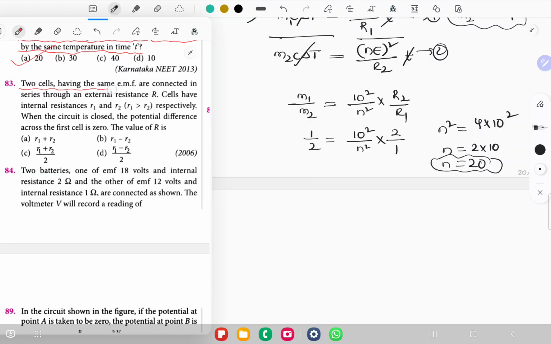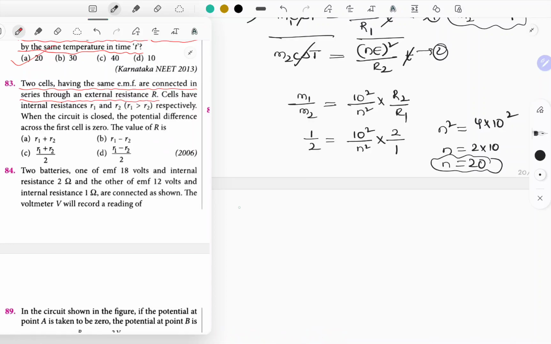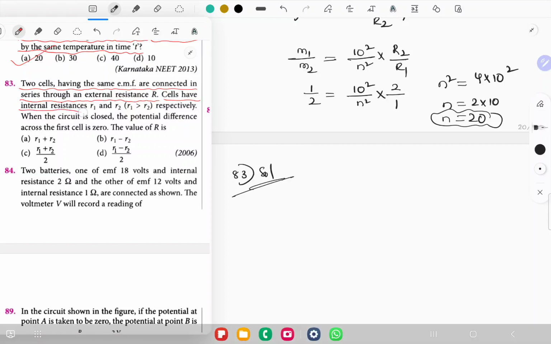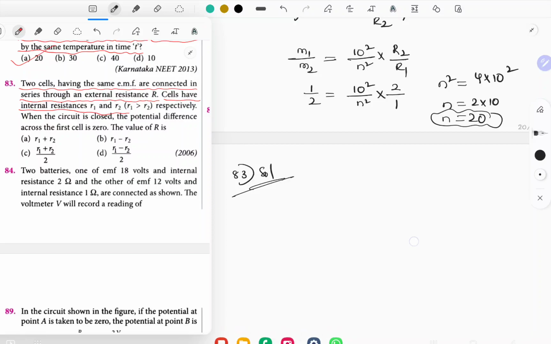Two cells having the same EMF are connected in series through an external resistance capital R. Okay, so let me draw the circuit. They said only that the two cells have the same EMF. They didn't talk about internal resistance, which means they gave the information also. The cells have internal resistances R1 and R2, and R1 is greater than R2 respectively.